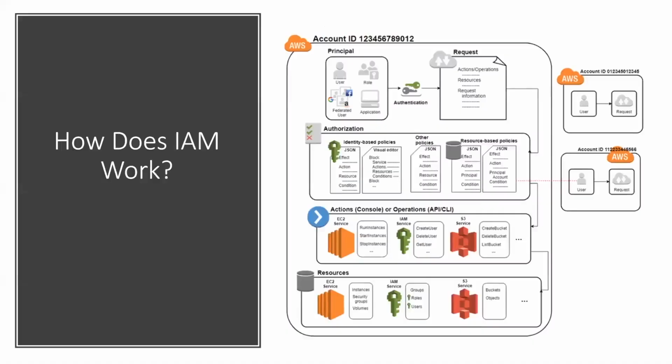Then how does IAM work? Let's say you have your AWS account ID. There is a principal that you create. Your principal can be your user or a role that you define, a federated user, or an application that is registered.